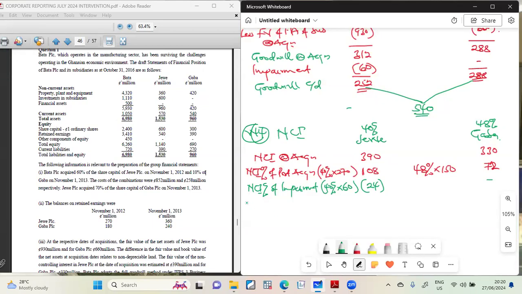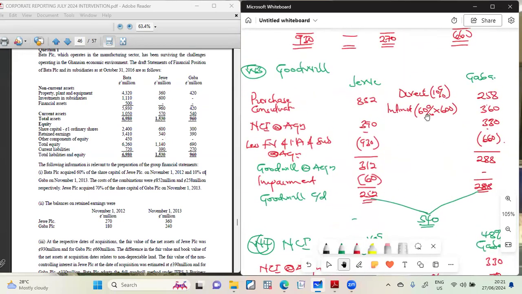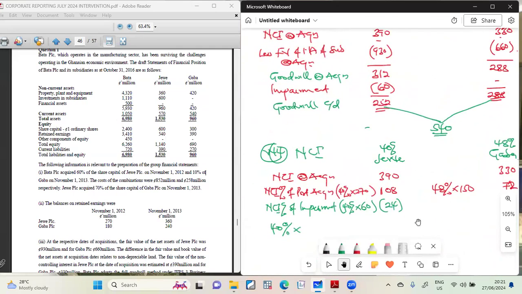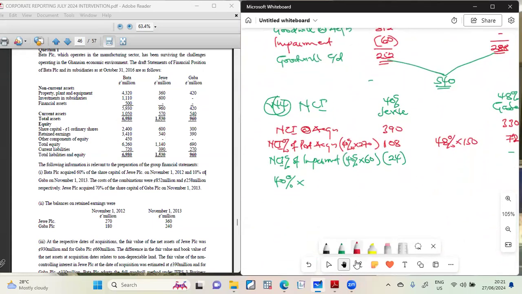The NCI of what S used to buy SS. If you know the template, that's it. NCI here is 40%. How much did S use to buy SS? You go and check here. When you were in the Goodwill, you did NCI of what S used to buy SS. So you come here and do the remaining 40%, and you less that one.